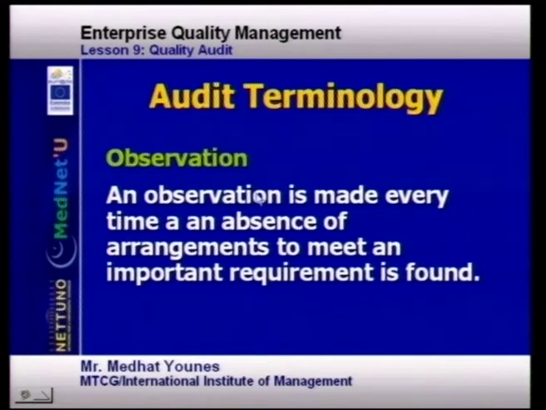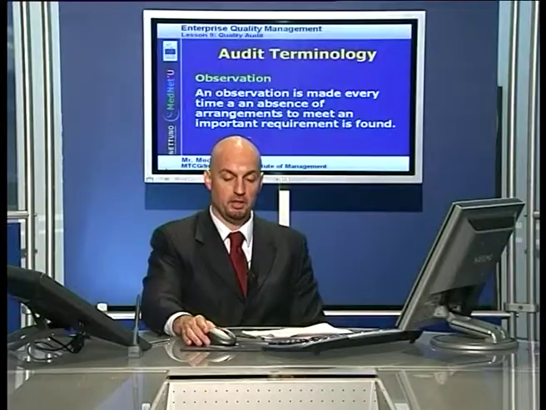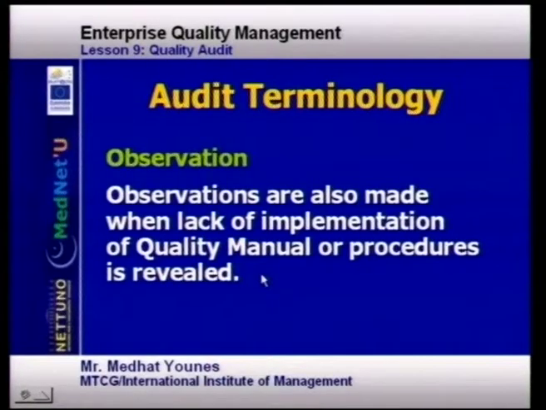An observation is made every time an absence of an arrangement to meet an important requirement is found. In other words, it's also called non-conformance. Observations are also made when lack of implementation of quality manual or procedures is revealed.